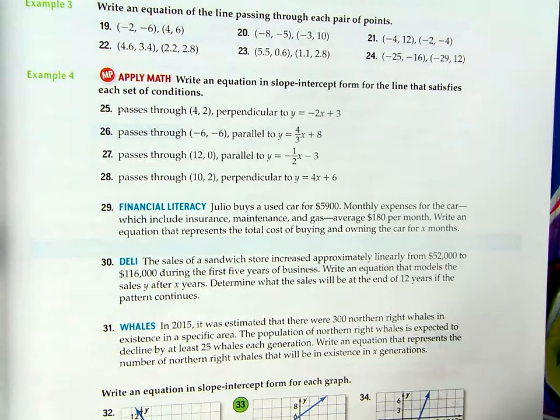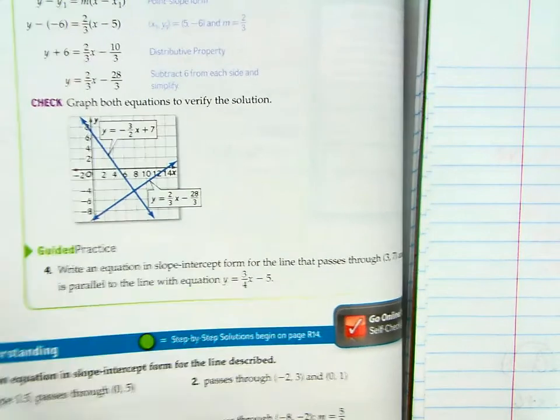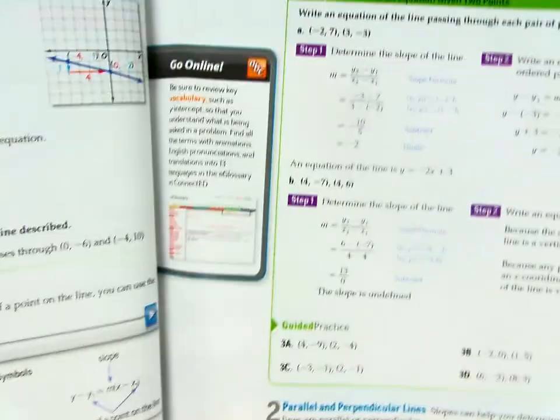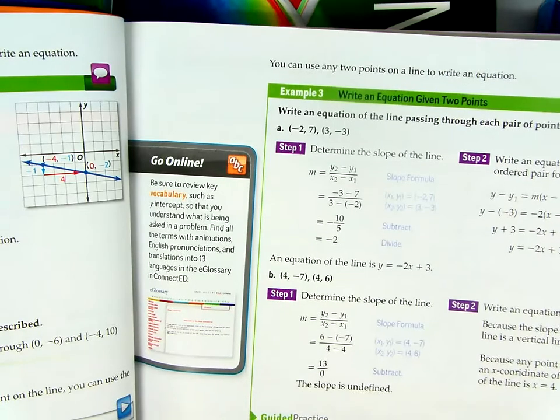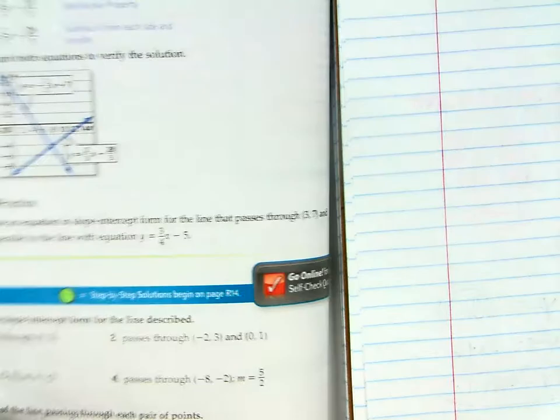Okay, the next set of exercises. Writing the equation of the line passing through each pair of points. This time, they give us 2 points. So this time, it's going to be like example 3. Writing the equation given 2 points.